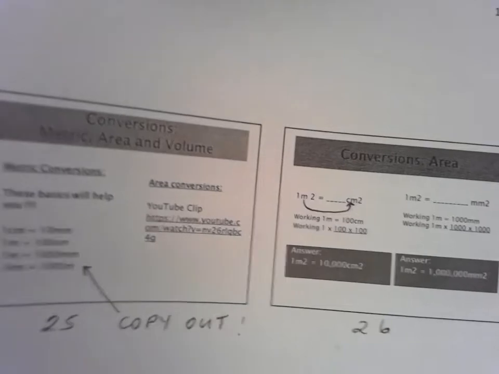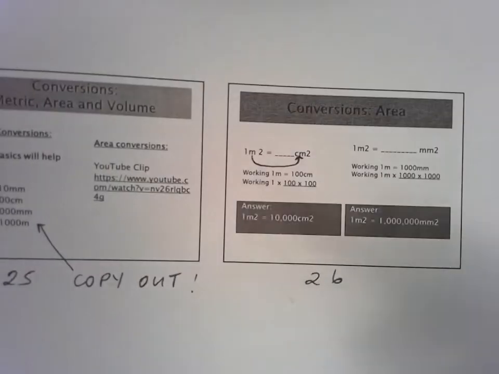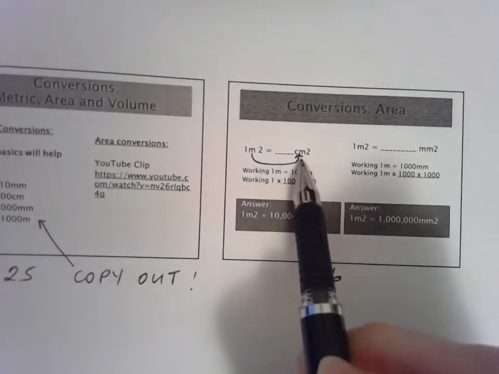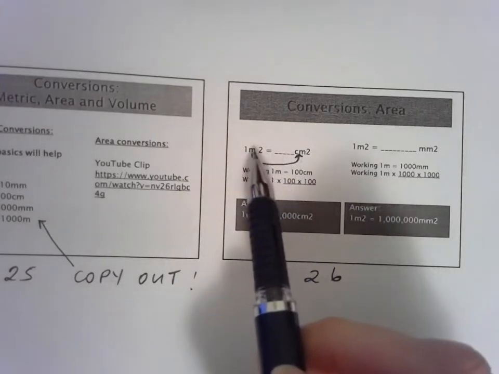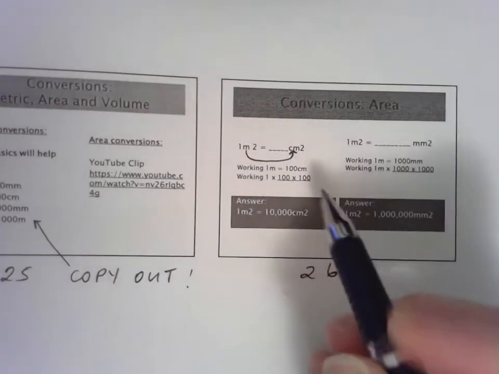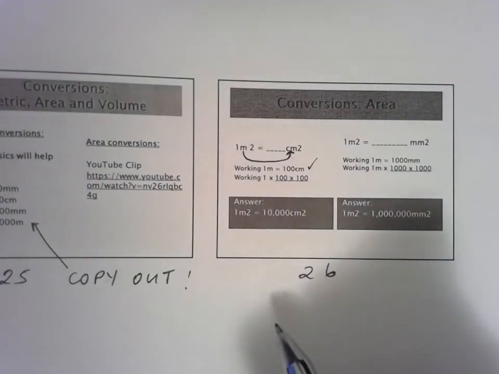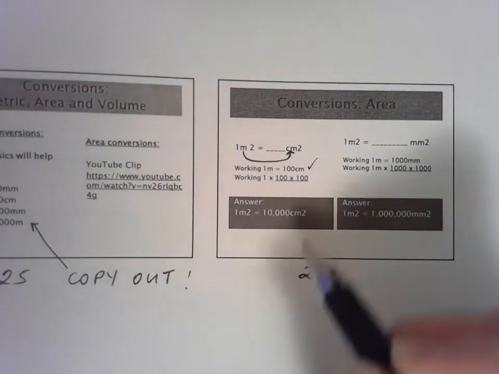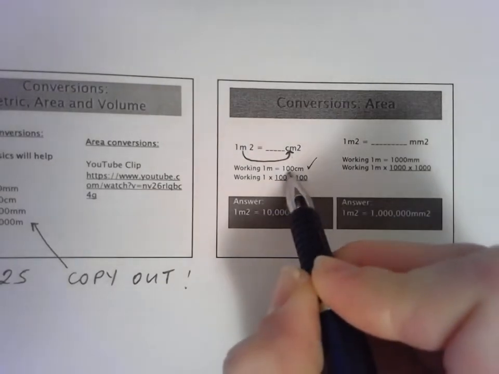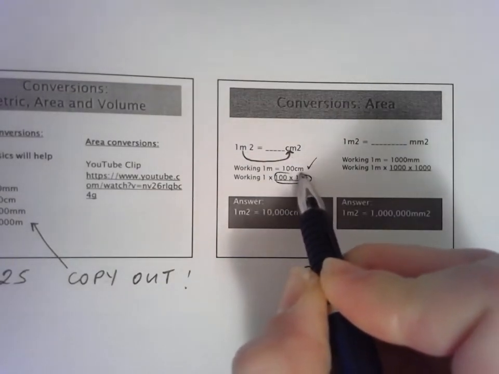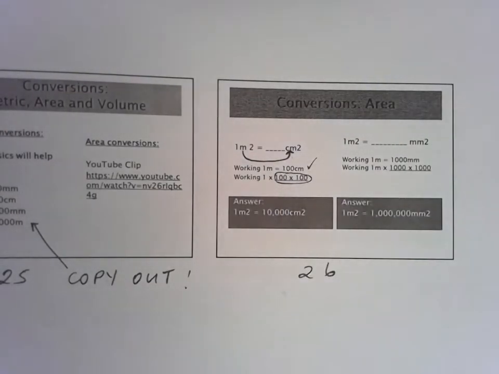But what we've learnt in class is that it's not just metres to centimetres, it's squared metres to centimetres. That's why I do my thinking step of, okay, 100 is my magic number, but we actually have to, on a calculator, multiply it by 100 twice.